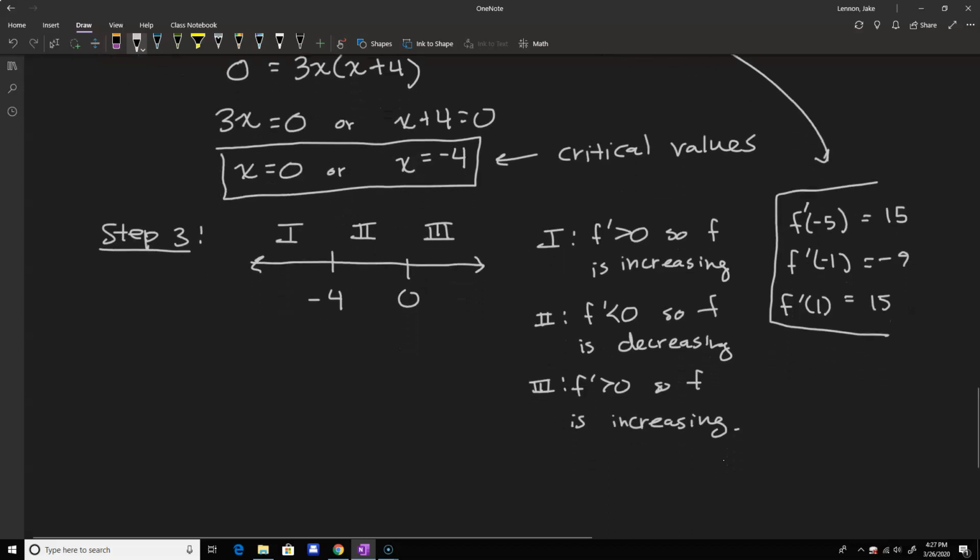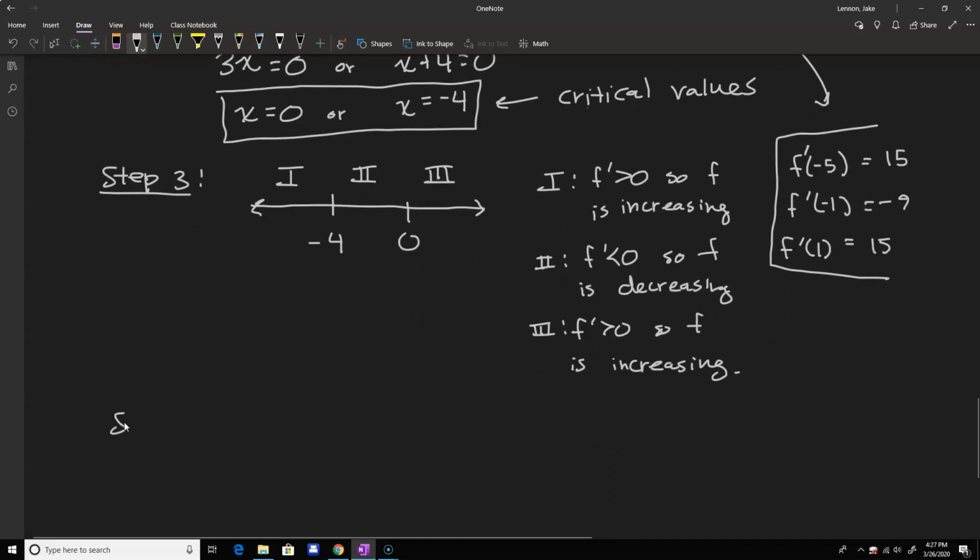So now we can form our conclusion. Step 4, what is the conclusion? The conclusion is, by the first derivative test, f has, well, in region 1 we're increasing, in region 2 we're decreasing.